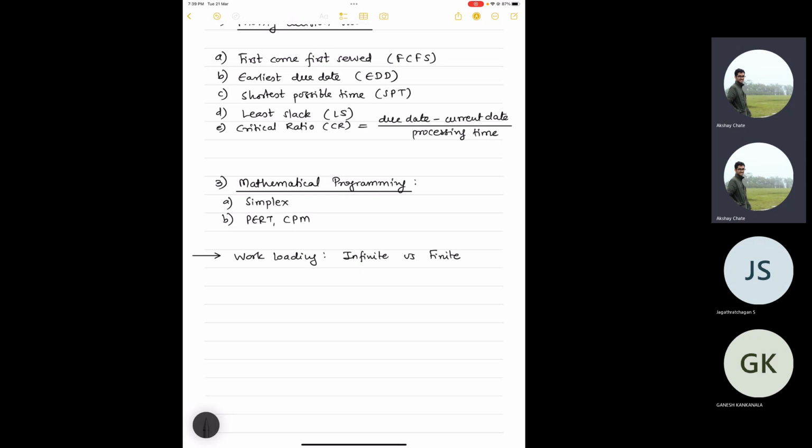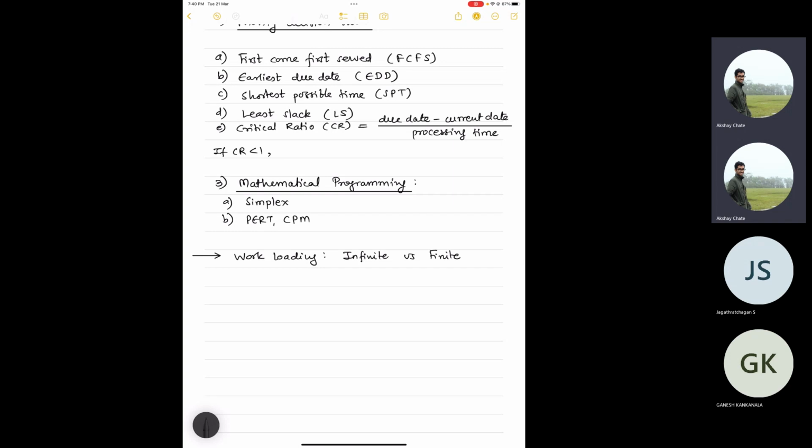So the point is, if CR is less than 1, what does that mean? That means the numerator is smaller than the denominator. So basically you have less time to produce that unit relative to what it requires.